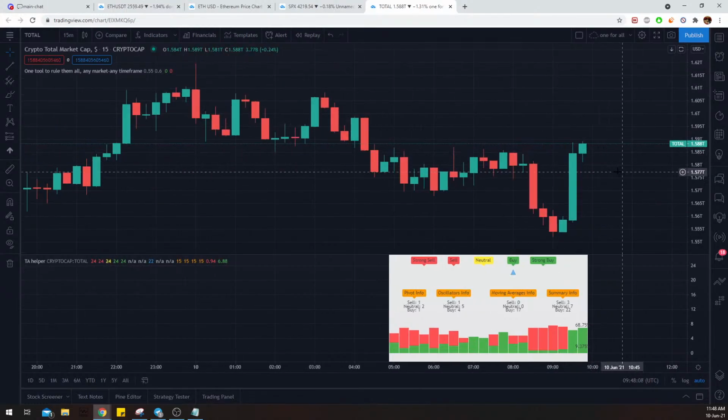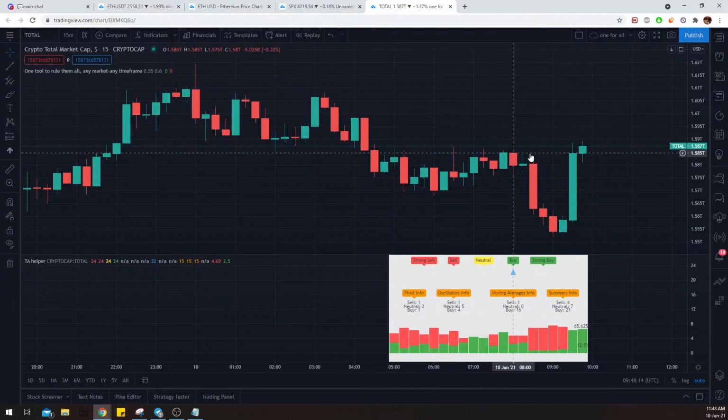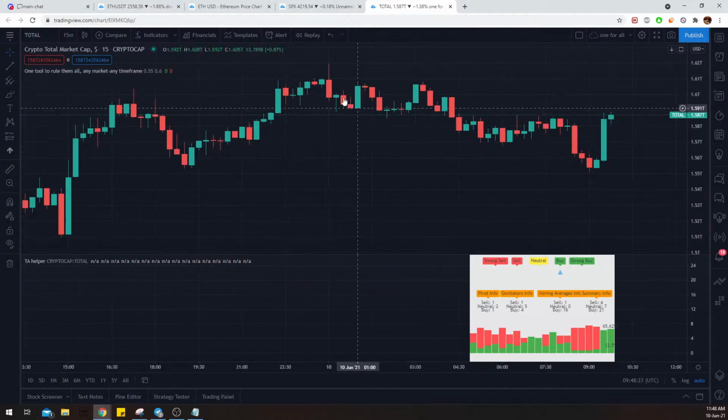look, for example, another double bottom. It's not fully a double bottom, but you can see we have this point, the double bottom, and now it crossed on top of it. So this one as well might indicate the beginning of a new uptrend. And you can see this one here as well.